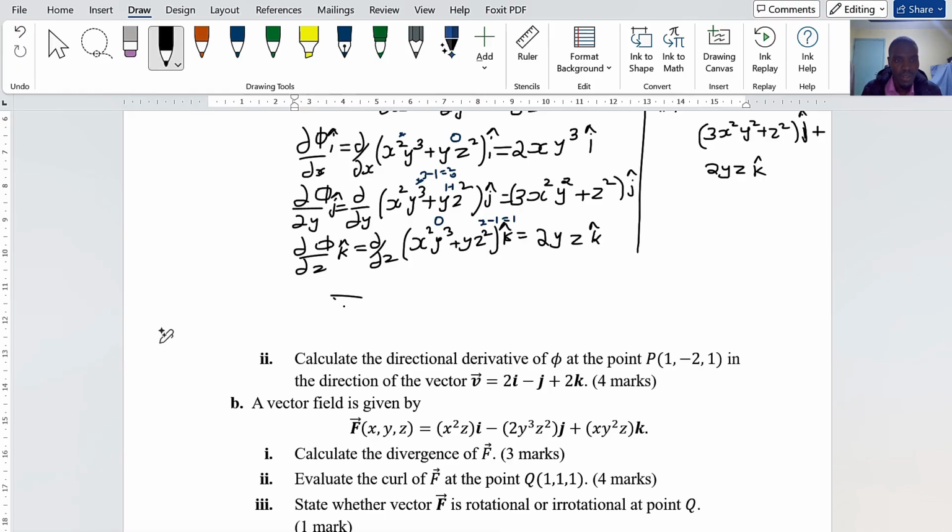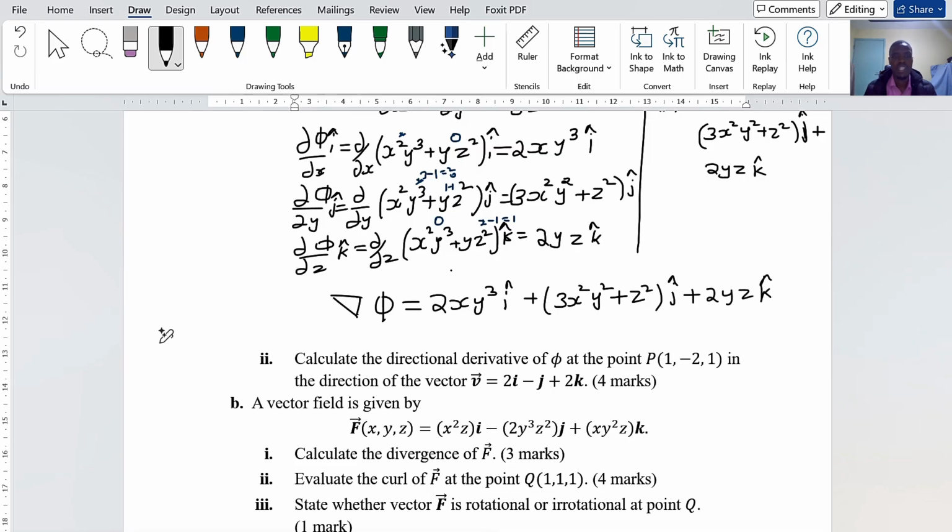So our gradient of phi is 2xy cubed i, then plus, in brackets, 3x squared y squared plus z squared, close the bracket, j, then plus 2yz k.